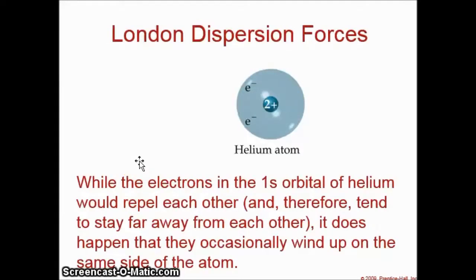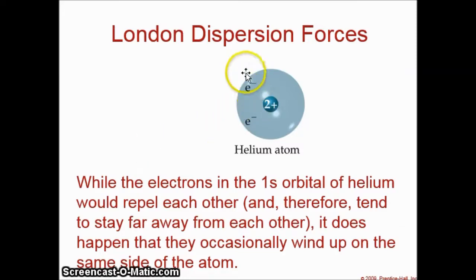The next type of force that I want to talk about is this London dispersion force. We're usually going to talk about this with a nonpolar molecule. The nonpolar molecule doesn't have a dipole, but it may have an instantaneous dipole. What does that mean?